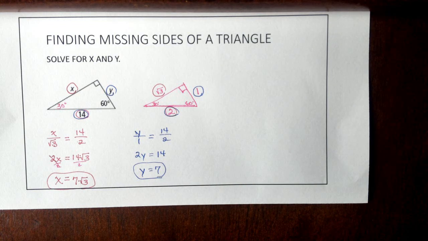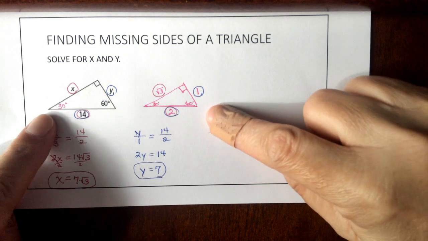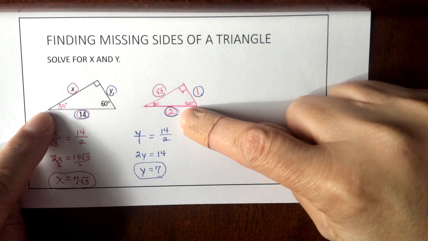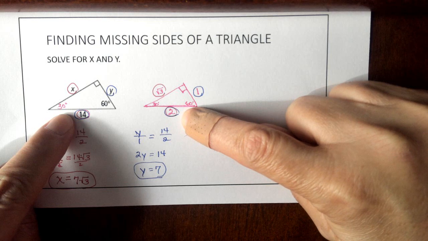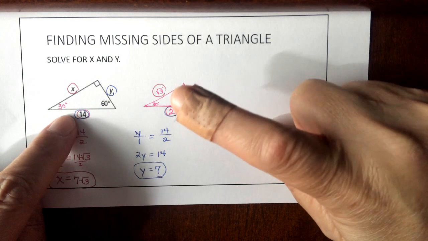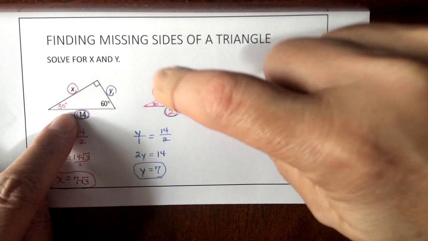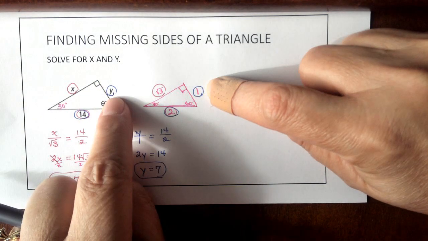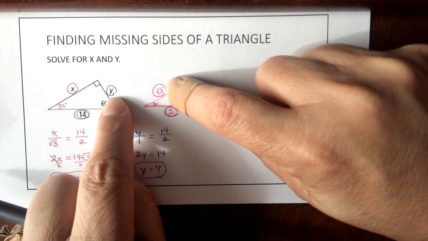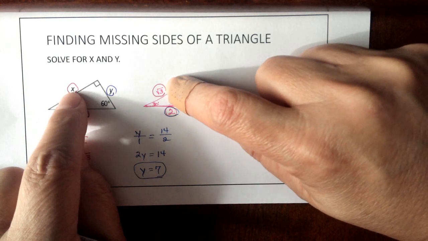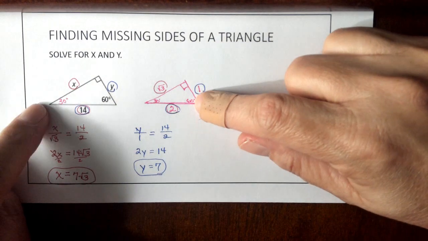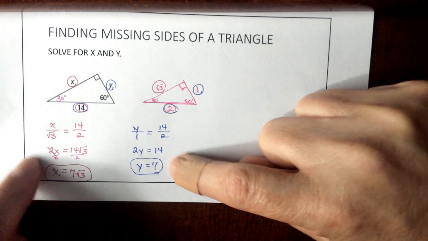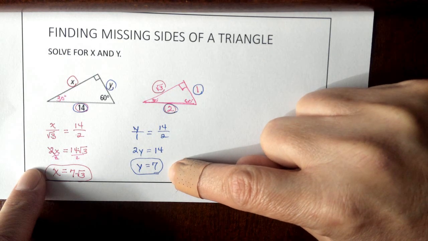Now, if you're pretty savvy, you may be able to look at these triangles and say, well, this hypotenuse is 2 and this hypotenuse is 14. This is 7 times bigger than this. So I've multiplied everything here by 7 to get this one. Multiply 1 by 7 to get 7. Multiply radical 3 by 7 to get 7 radical 3. And if you can see that, you can skip straight to these answers without actually having to set up equations and work them out.